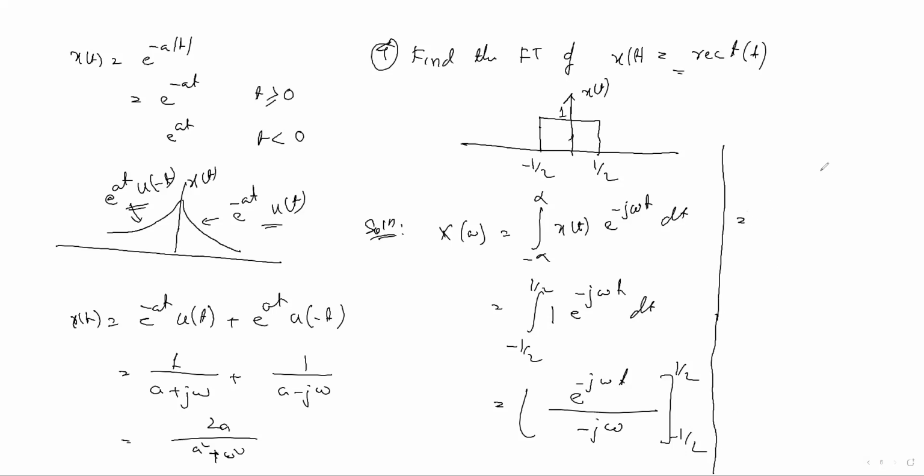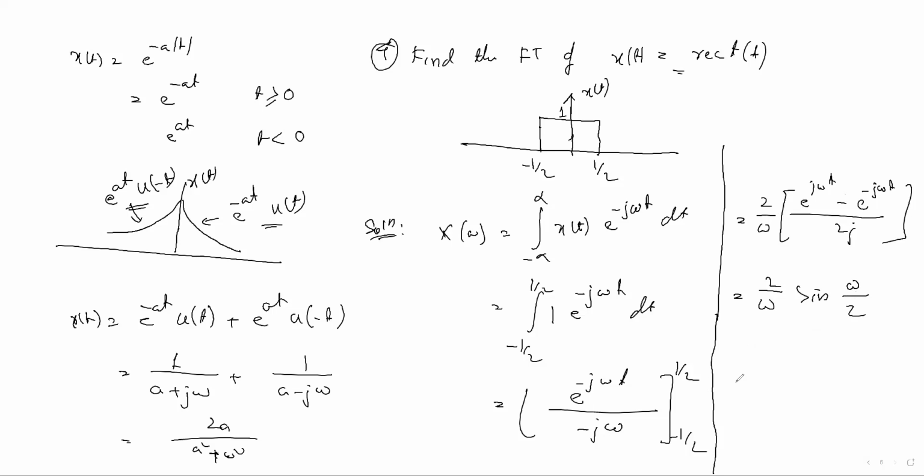So you can write this as 2 by omega. Take omega common, take 2 below, because we have to find the sine term, and in the sine term 2j is there. That's why we write (e to the power j omega t minus e to the power minus j omega t) by 2j. So this will give 2 by omega sine omega by 2.